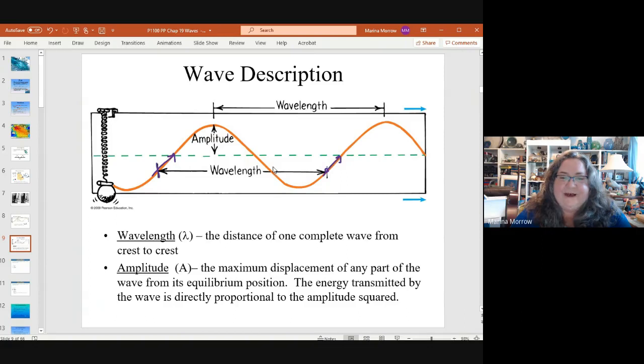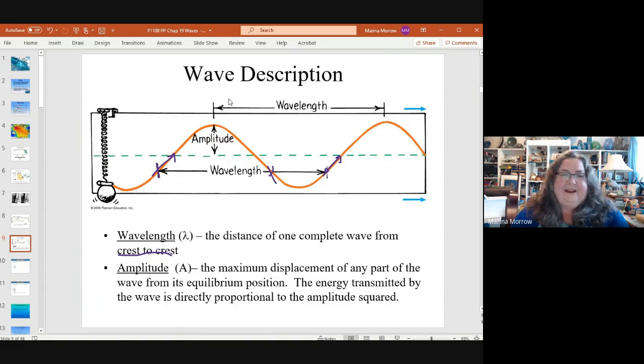Okay, so you don't want to stop here because you're on the wave, but it's not one complete cycle. So the wavelength is the distance of one complete wave or one complete cycle, and you can measure it crest to crest or from any two points that are in the same spot.